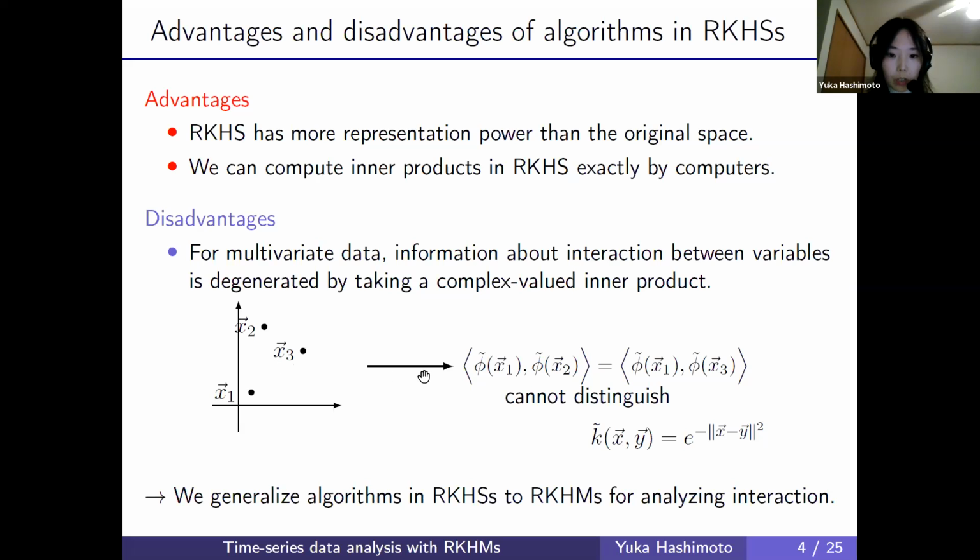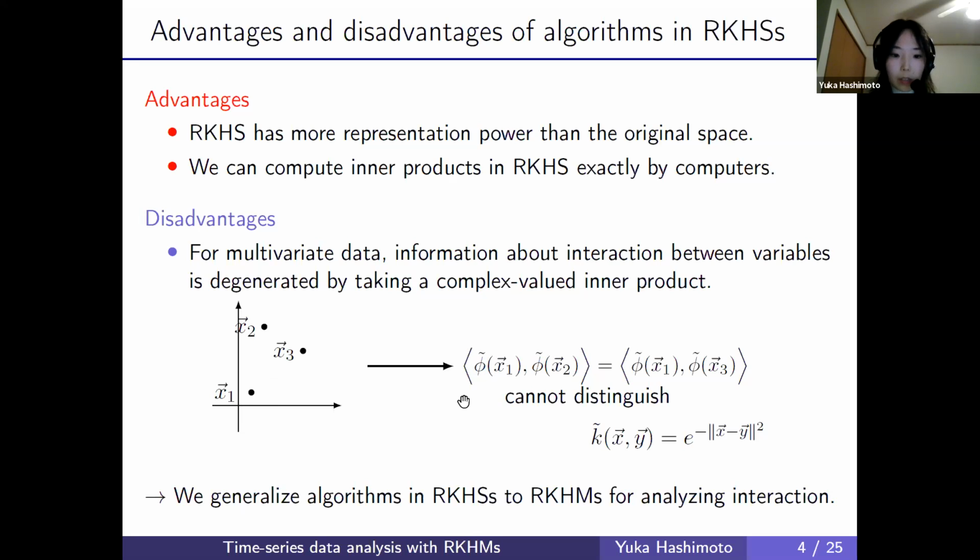So if we calculate the inner product between x1 and x2 in an RKHS, and also the inner product between x1 and x3, these two values become the same. So the information about similarities between pairs of elements of these vectors is degenerated by calculating inner products.